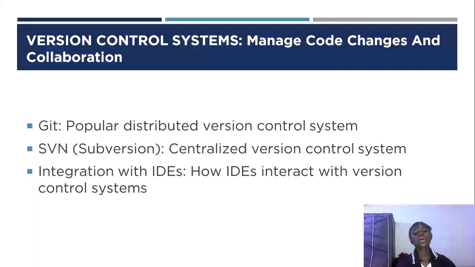We also have SVN, that is Subversion. Subversion is another version control system that allows developers to track changes made to their code, collaborate with others, and manage different versions of their projects.